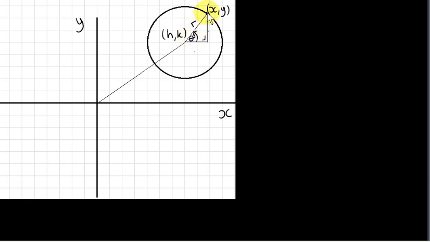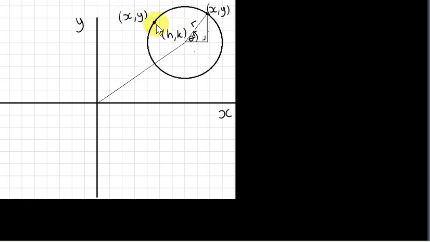Now, I've positioned (x, y) on the circle in such a way that theta is an acute angle. That is an angle between 0 and 90 degrees. So I'm going to look at the situation for this particular case, but it will also hold for situations where (x, y), say, is over here.